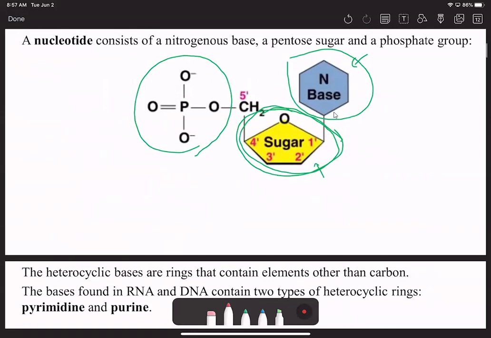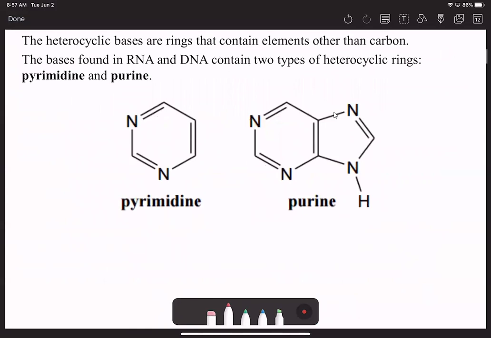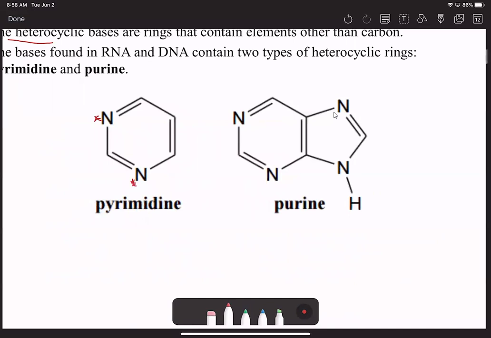The next thing that makes them different is what we call the nitrogen bases. There are two classes, pyrimidines and what we call purines. These are what we call heterocyclic rings. They're heterocyclic because these rings use carbon and nitrogen.